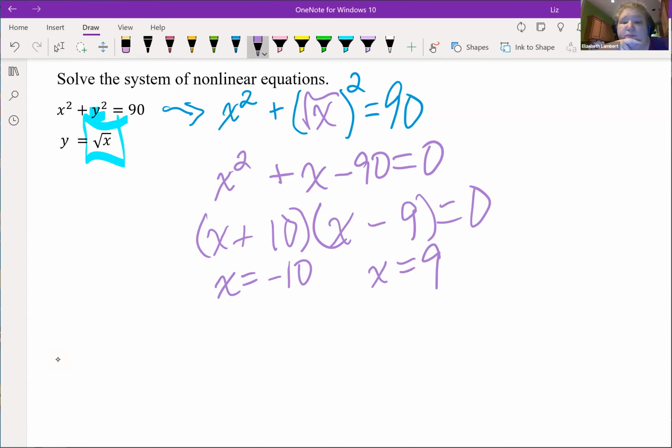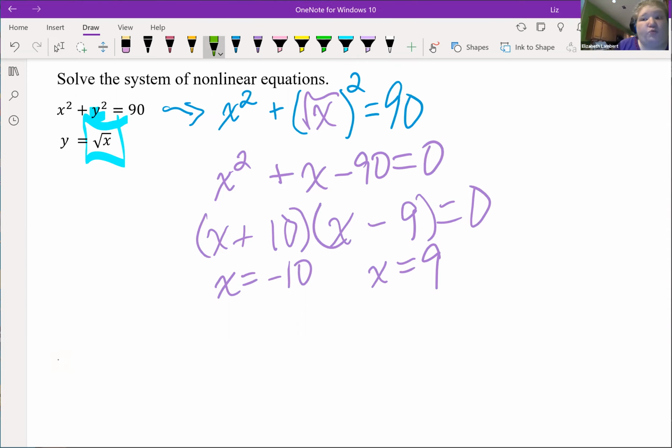Now, the numbers we get have to work in both equations. So I could plug negative 10 into the first one and solve for y and have a couple values. Yes. But again, don't go with the squared. Go with whatever the weirder equation is for the square root. Can I plug negative 10 in there?